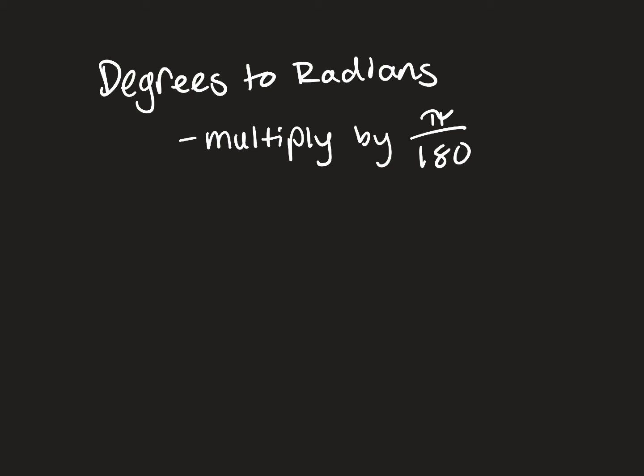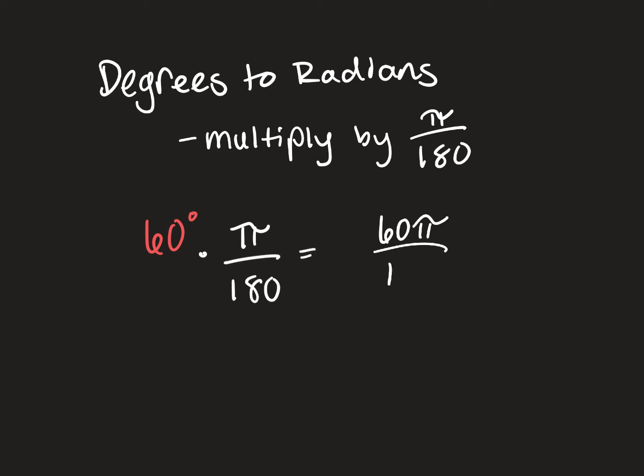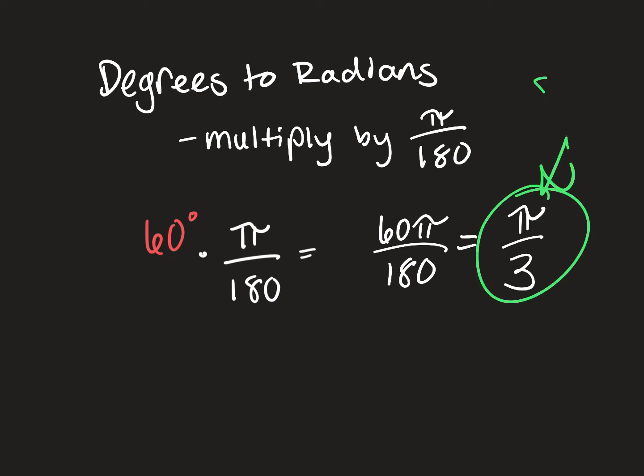For example, let's say we have 60 degrees and we want to convert that to radians. We're going to multiply by pi over 180. So then you get 60 pi over 180, which reduces down to pi over 3. Your radians should always have a pi left in your answer.